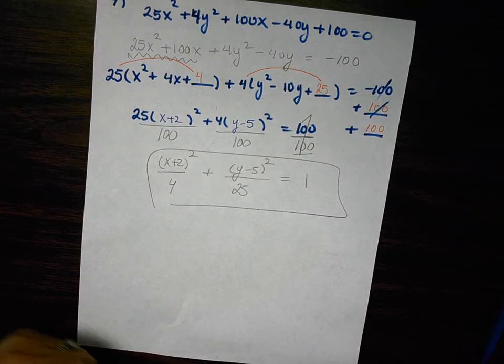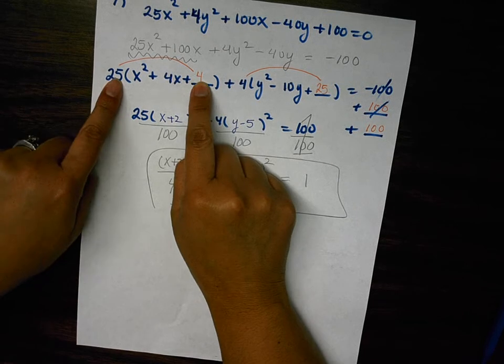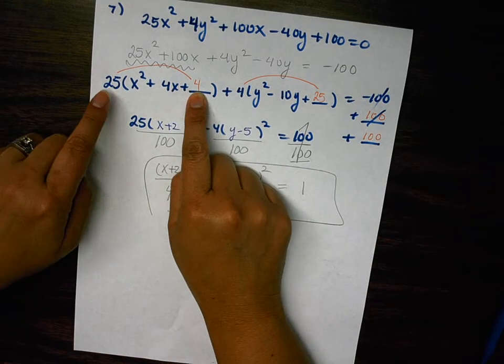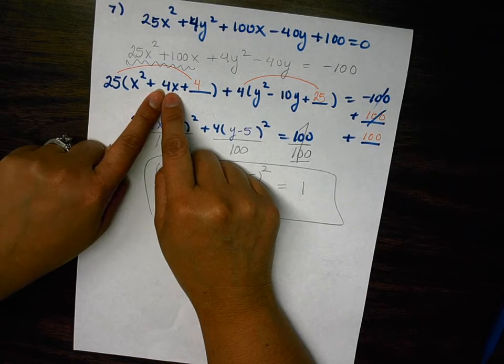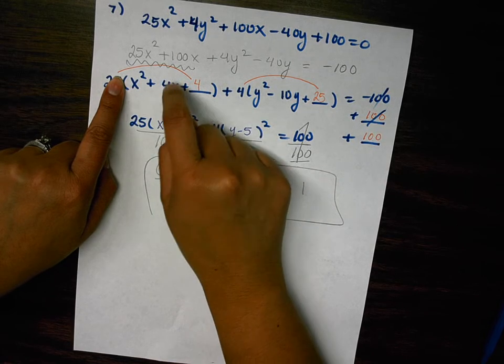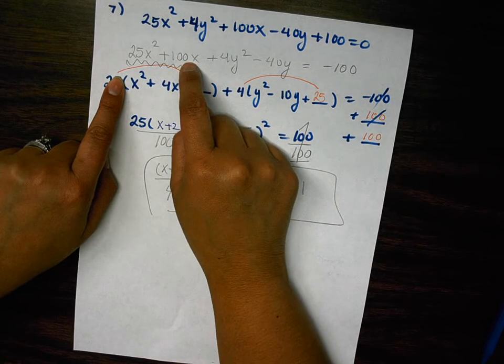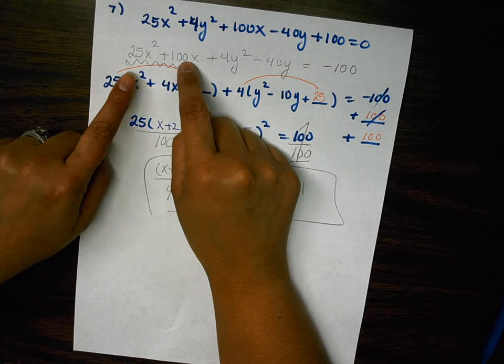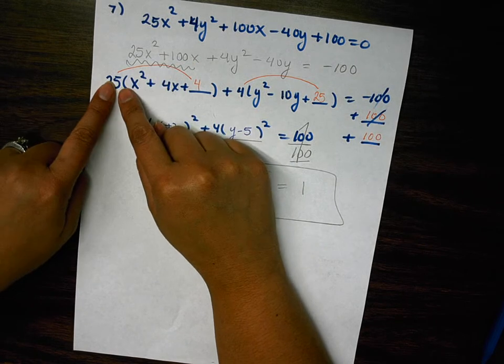Got it? Questions? Yes. Right here? Yeah, because when I cut this in half and square it, I got 4, but originally this wasn't a 4, it was a 100. Does that make sense?